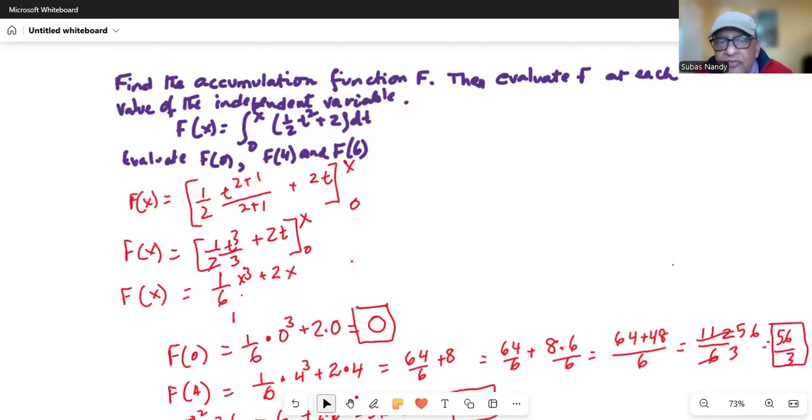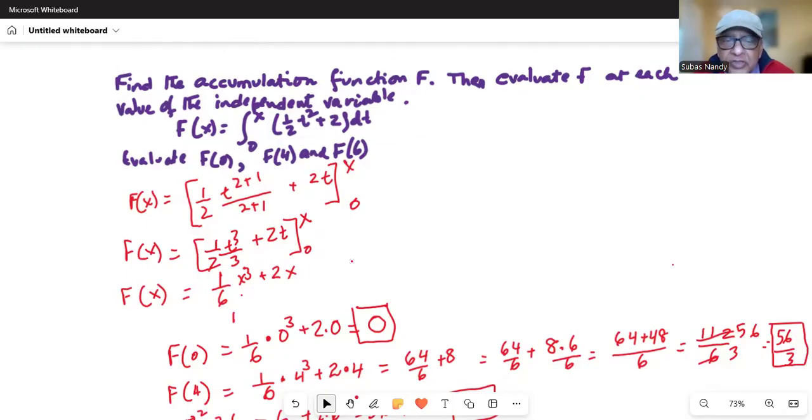So half times t cubed by 3, 2 and 3 multiplied in the denominator becomes 1/6, and you substitute x for the upper limit, x cubed plus 2 times x. Remember, 2 times 0 is 0, and the lower limit for the first term is also 0 because the lower limit is 0. So now this is the expression for f of x.